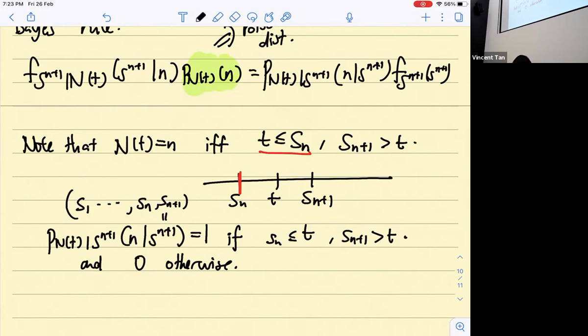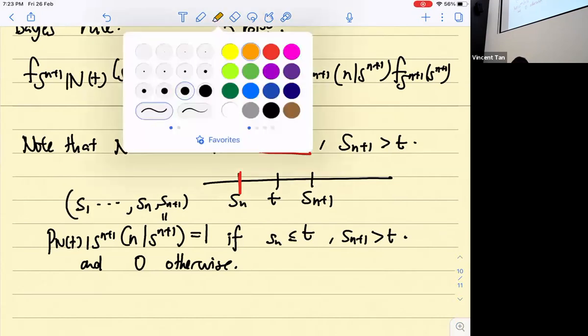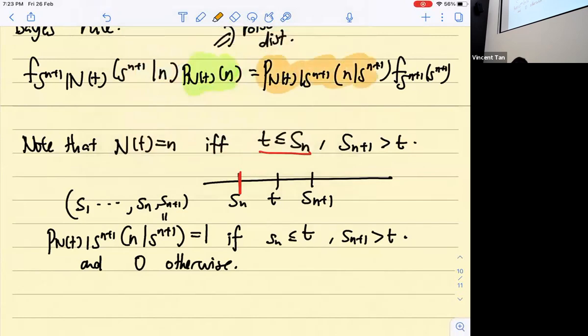Clear? So we are tackling all these terms, term by term. We have already tackled this guy here. This is this deterministic distribution. It is equal to 1 if this is true, and 0 else. Any questions here? This is a little bit tricky, but you need to know the picture. The picture will guide you. So now, this is a particular realization of the arrival epochs.